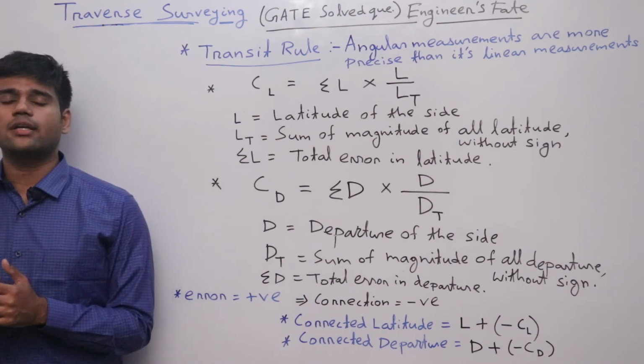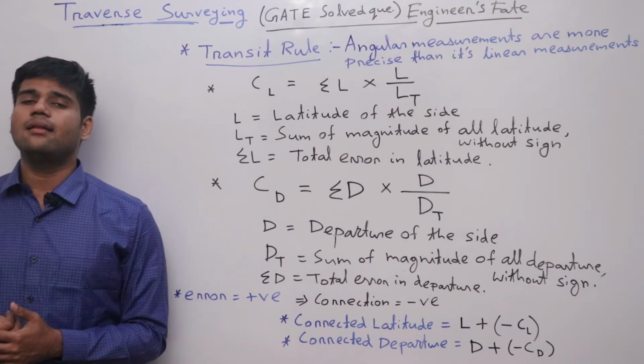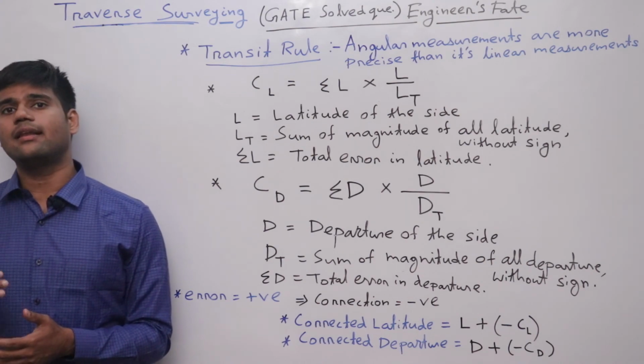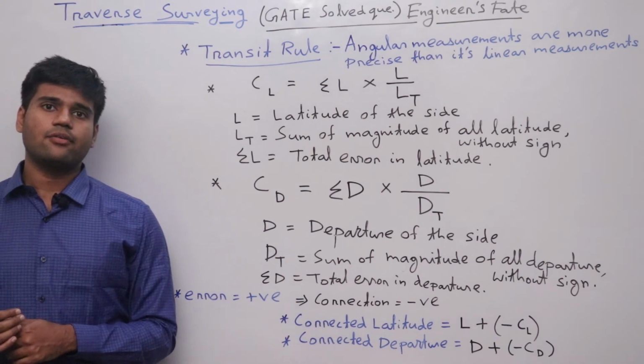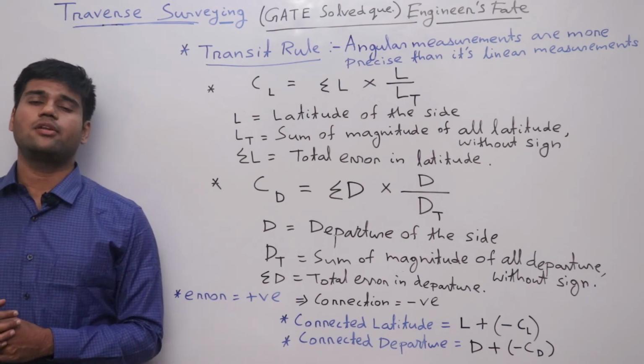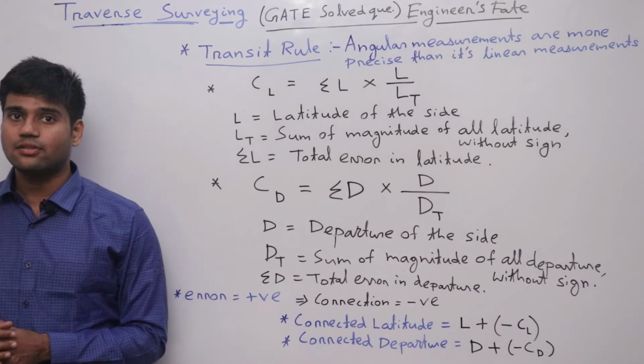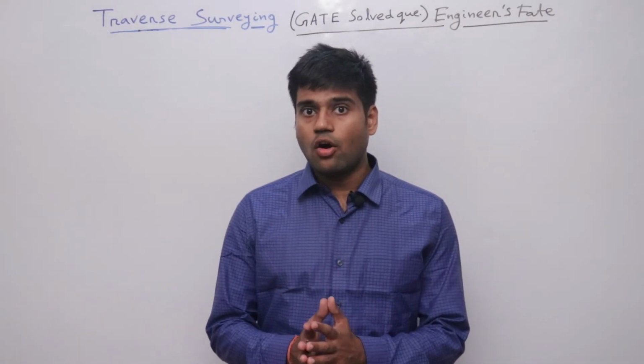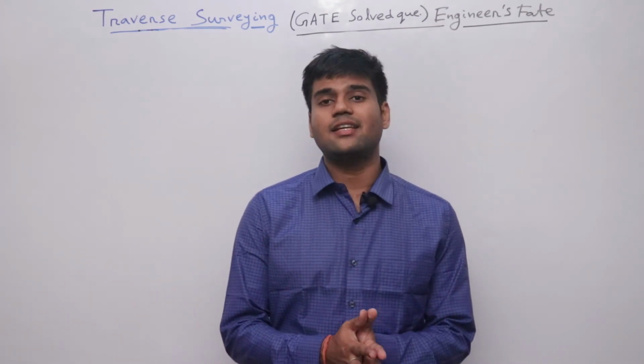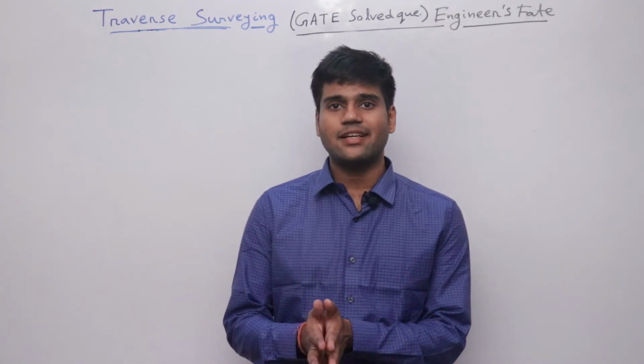This will be more clear in a later video, not in this video, when I take a question and solve it using both the Bowditch method and the transit rule. So I have discussed all the possible concepts, and the remaining concepts will be discussed in the GATE questions.